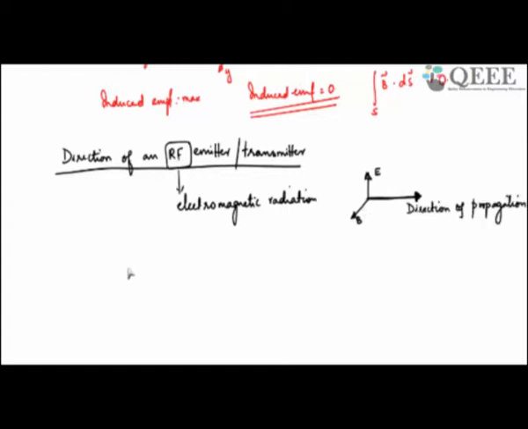So, the idea is the following: I take a loop, and let us say my loop is this, and I keep changing the orientation of the loop. I keep rotating the loop. If I keep the loop this way, I get a large induced EMF in the loop.